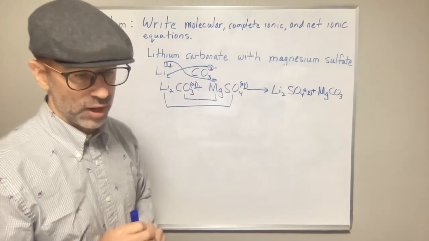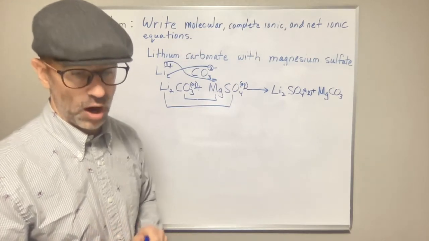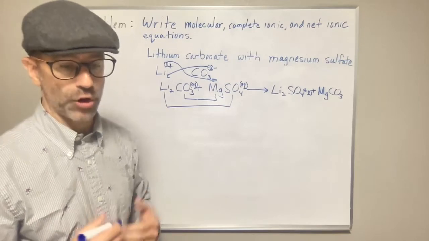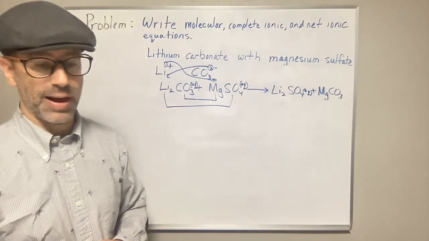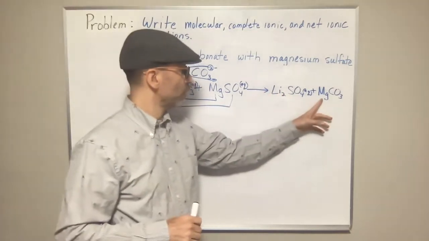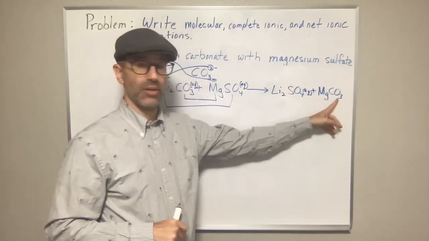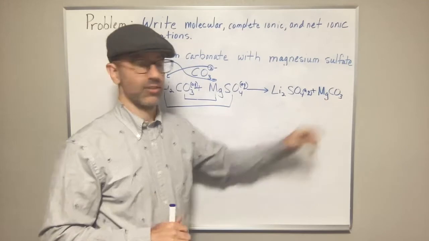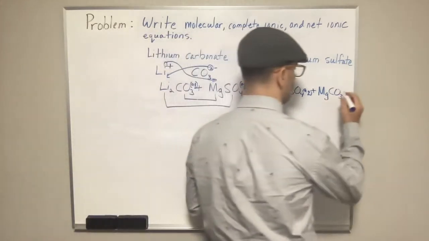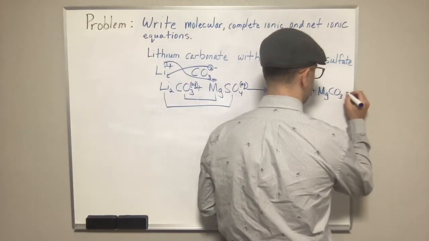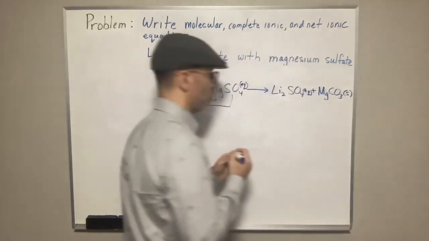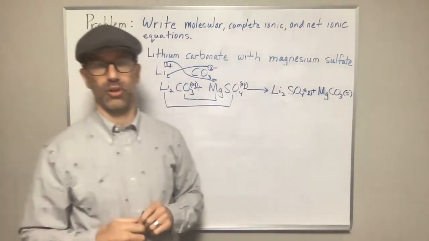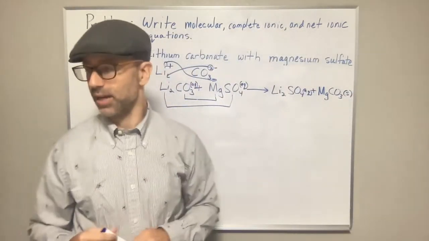Yes, it says that all carbonates are insoluble except for your group 1 metals. Here we have a group 2 metal, and it's not going to be soluble. So this is not an exception. So this is going to be solid. We have magnesium carbonate as a solid.